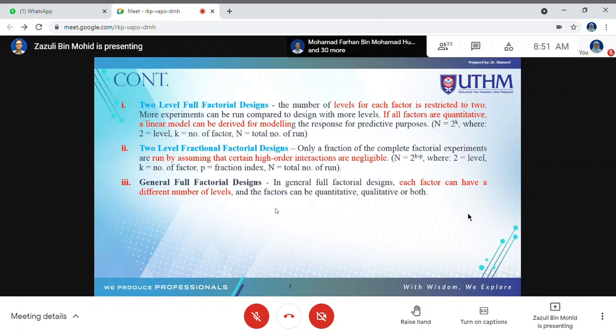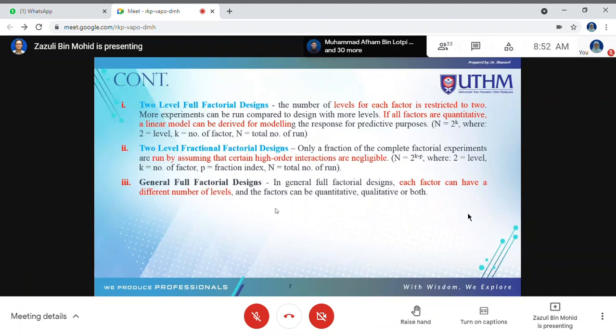Maybe parameter one has three different values, parameter two has two different values, and parameter three maybe has five different values. So in this case, we call it general full factorial design.